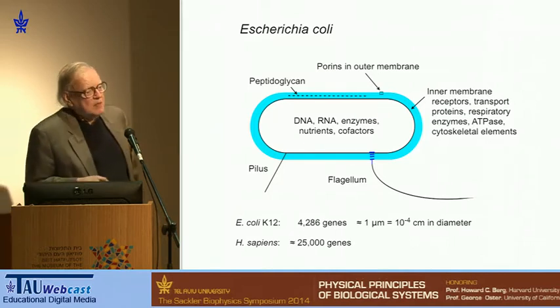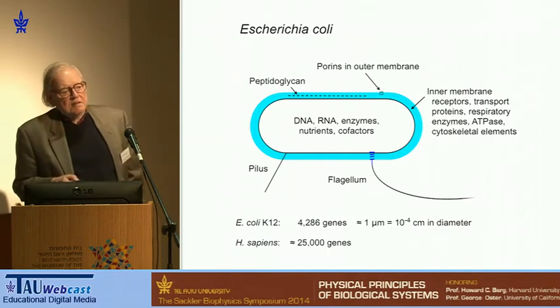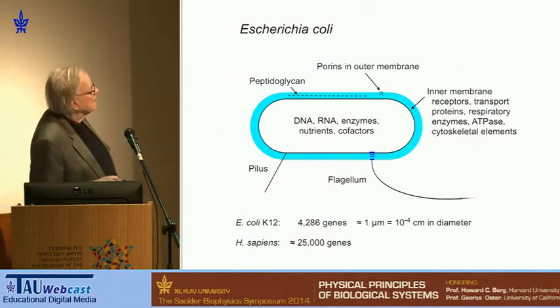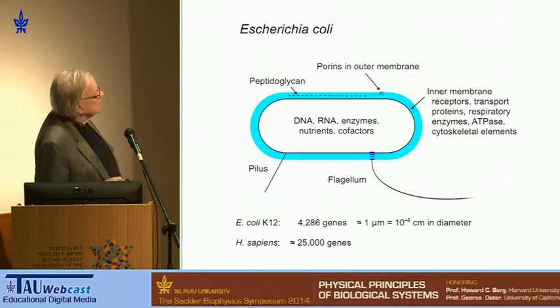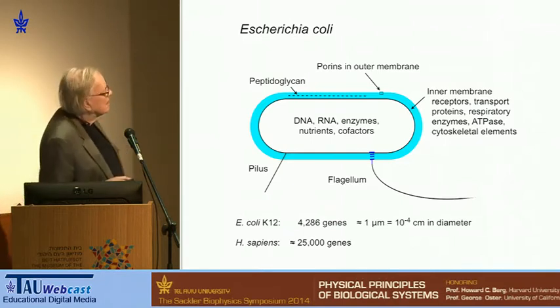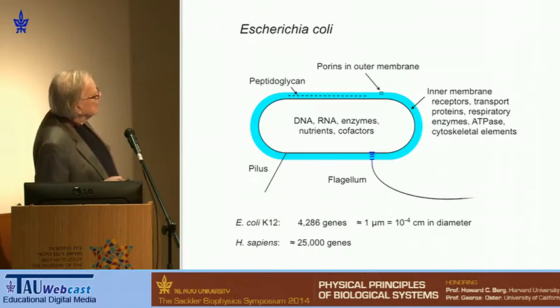But there's no actin or myosin or traditional cytoskeleton in this structure. You have DNA, RNA, enzymes, nutrients, and cofactors floating around in the soup here. But then you have two kinds of external organelles, pili, which come in various flavors and kinds, and flagella, which are embedded in the different layers of the cell wall.